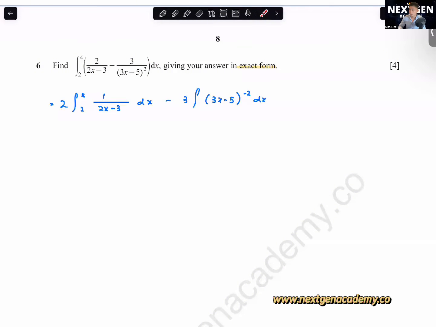Okay, ln 2x minus 3. How to integrate this? Do you remember? Anyone know how to do this?